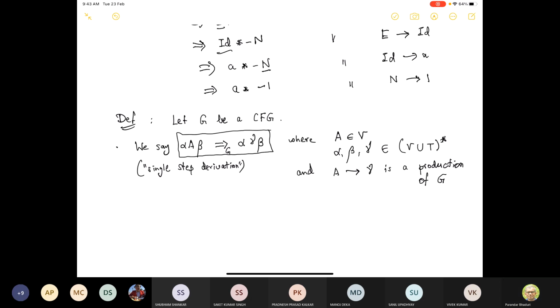And that's what a single-step derivation is, right? And often, when G is understood, we write just the double arrow without the subscript.